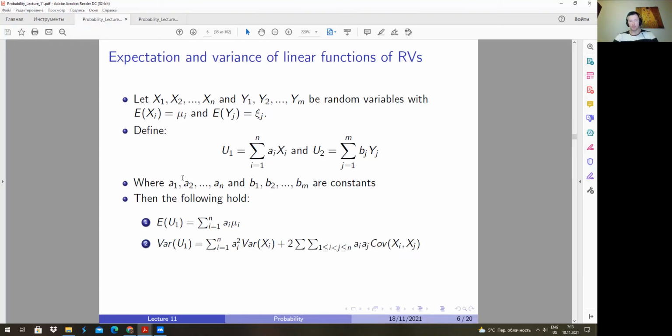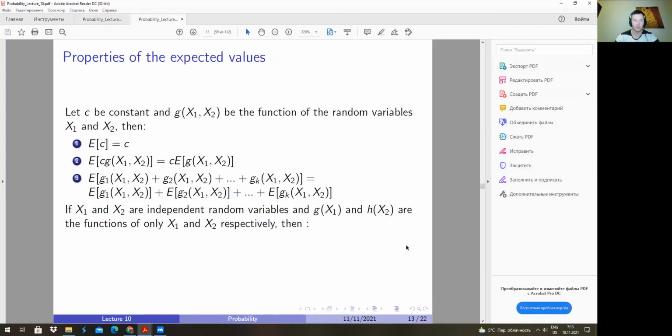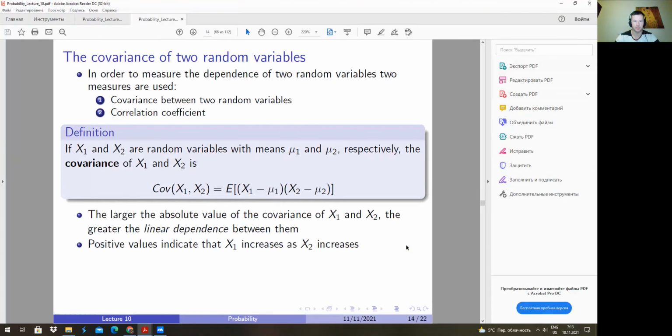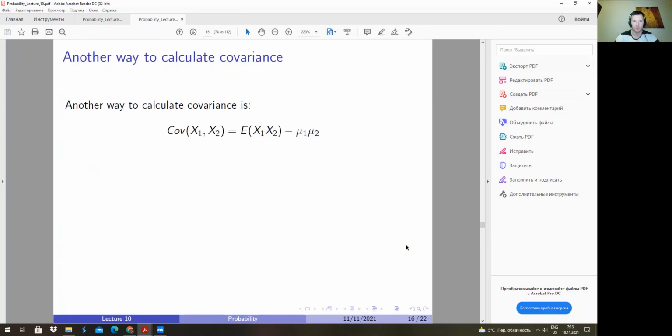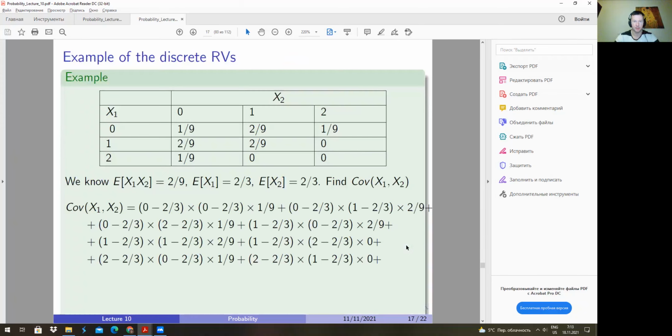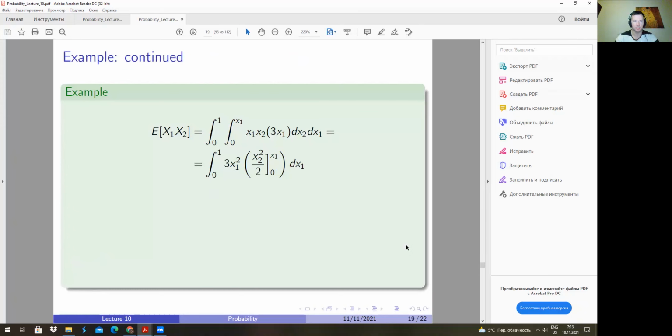So the second is the variance of this linear combination, and that's where we need variance. Yeah, we didn't tell about this in the last lecture, I guess. Let me check.